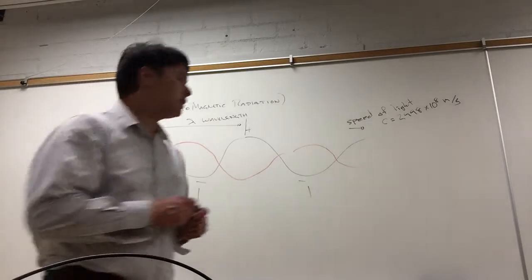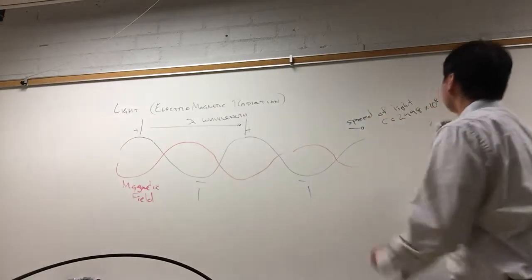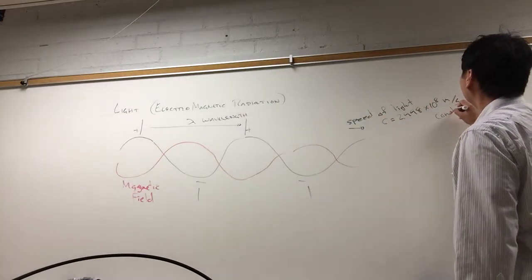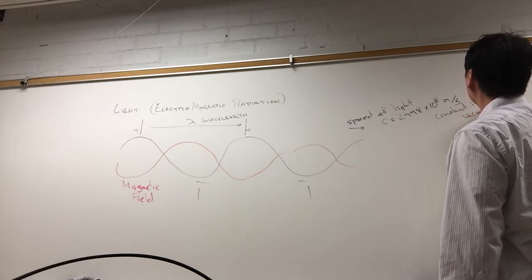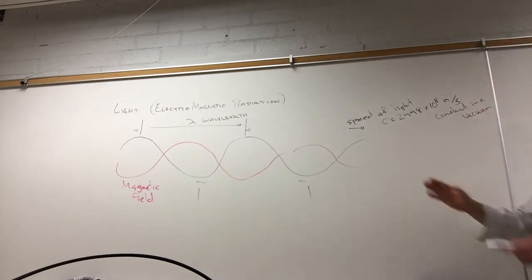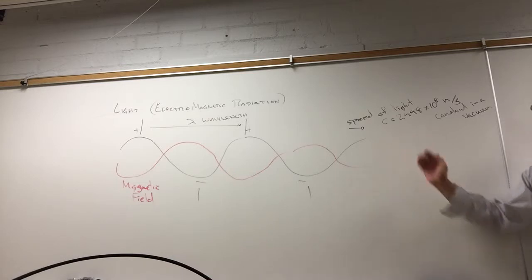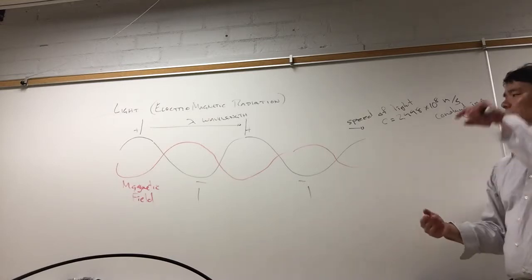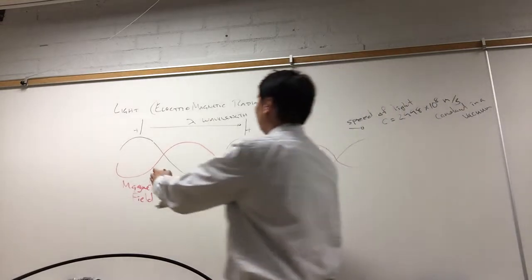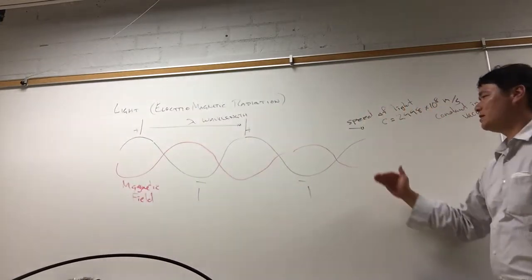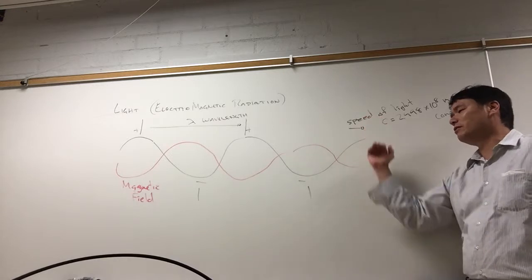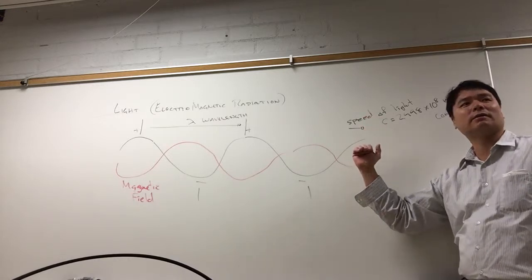Now, these are moving at the speed of light. The speed of light is constant in a vacuum. And so the wave is moving very fast. And so we have this relationship between wavelength and something called frequency. The frequency is how many peak-to-peak cycles or valley-to-valley cycles hit in 1 second.